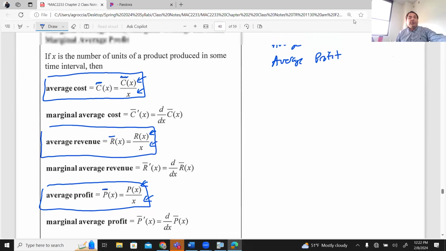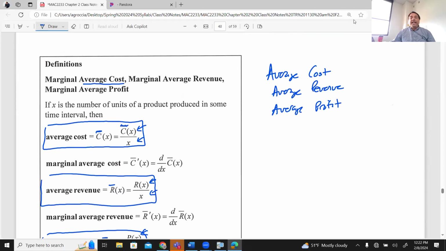So all I'm teaching you right now is average cost is cost divided by x, average revenue is revenue divided by x, and average profit is profit divided by x. If you haven't caught the theme yet, you just divide by x. It's finding the average. When you find the average of something, you add them all up, you find the total, and divide by how many. How many is x. And you're like, wait a minute, he's going to throw a derivative in there. I will, but not yet.